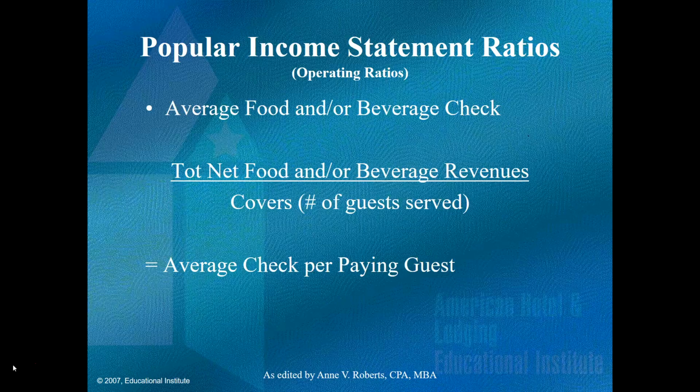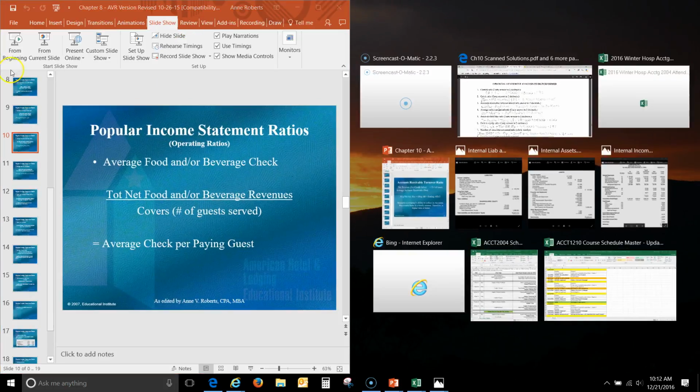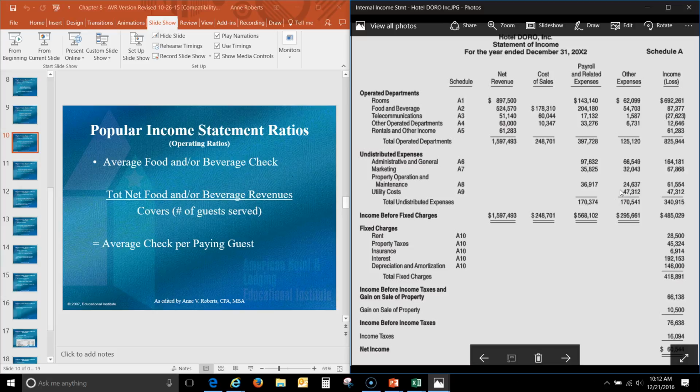All right. Now, hang on one second. Let me go back to this one. So we're looking at total food and or beverage revenue. We're looking at this group right here, okay? So if we wanted to break up, you can see on this income statement, we've got food and beverage combined together.